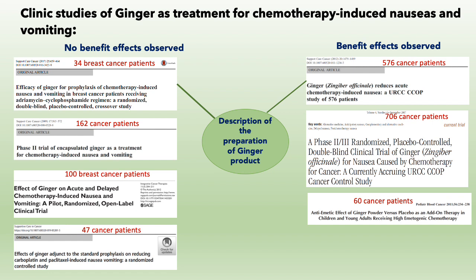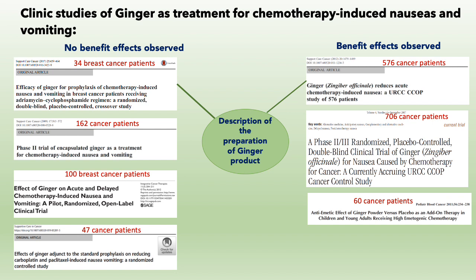On the left side, we show 4 publications showing no benefit of ginger for treatment of chemotherapy-induced nausea, while the right side has 3 articles with different numbers of cancer patients, which show a benefit effect.